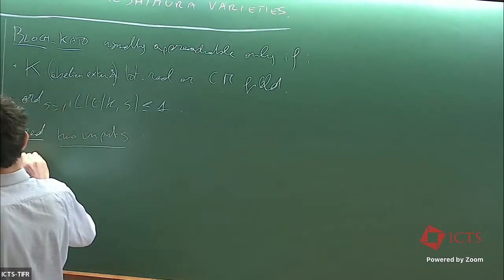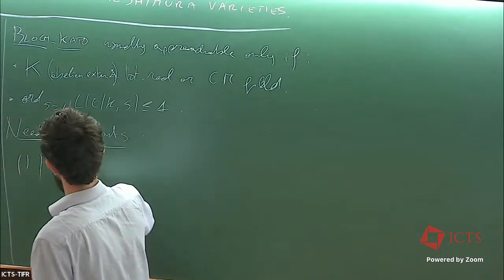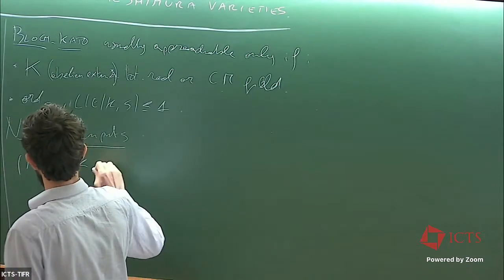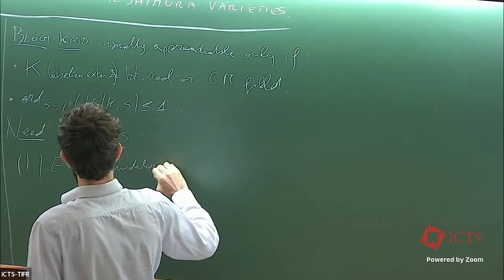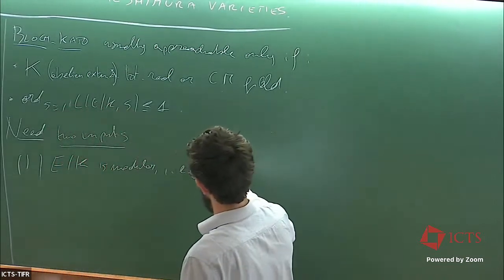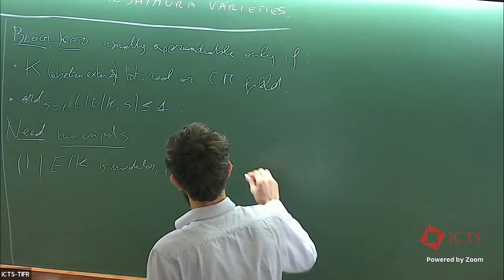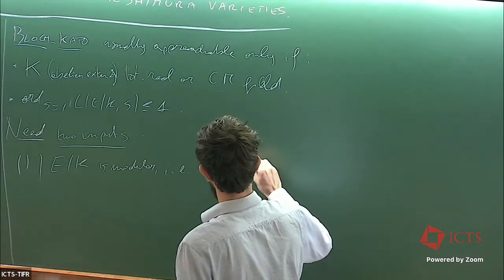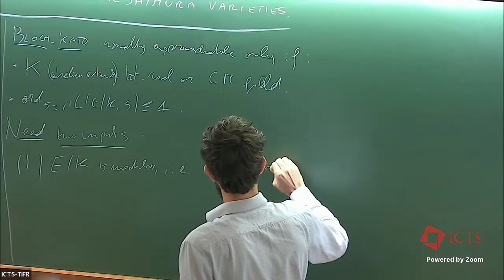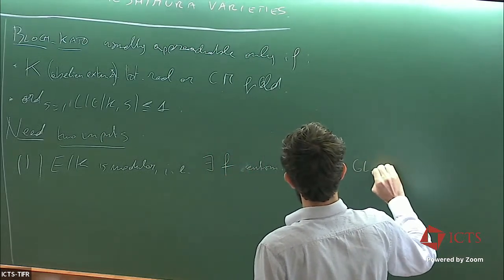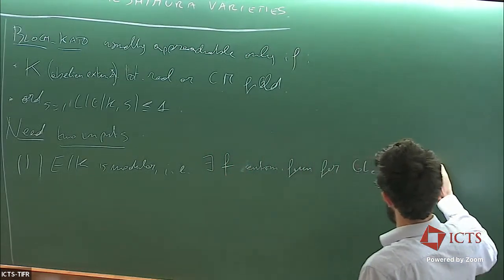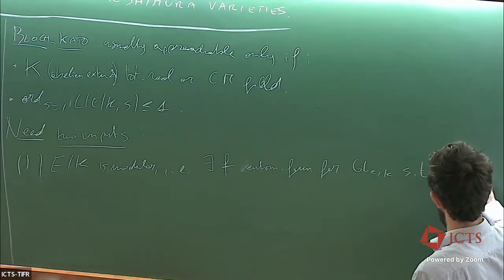The first one is modularity. So you need to know that A over K is modular. By definition this means that there exists f, let's say, an automorphic form for GL_2 over K, whose L-function is the L-function of the elliptic curve.